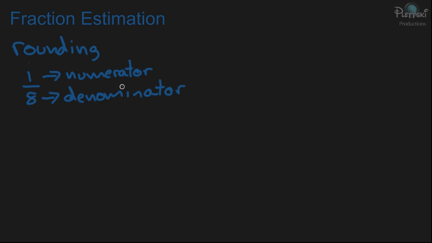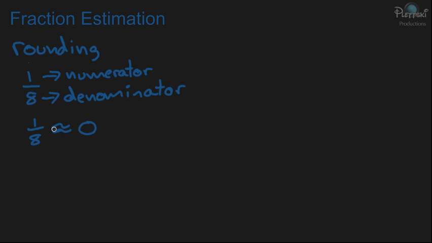Okay, we're going to compare those two. Now in this case, 1/8. Well, 1 is a lot smaller than an 8. In fact, 1's closer to 0 than it is to an 8. So we would round 1/8 to 0. And I'm using the two squiggly lines, because it's not equal to 0, it's approximately.